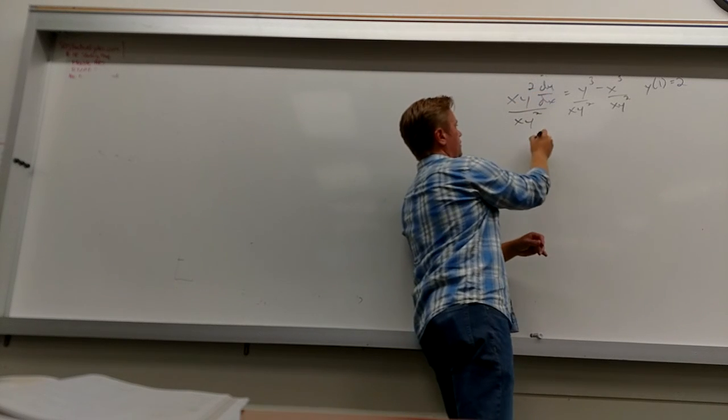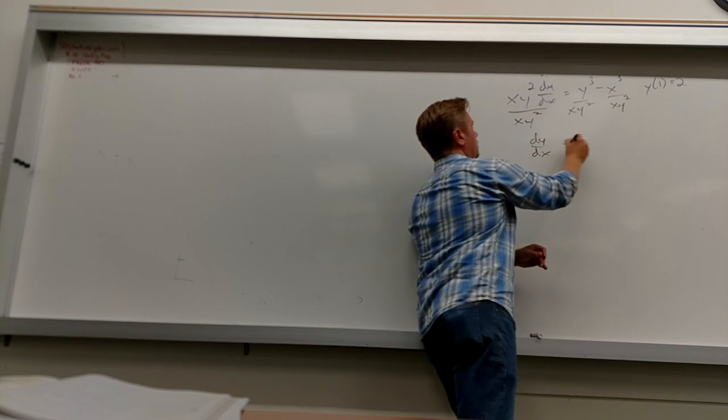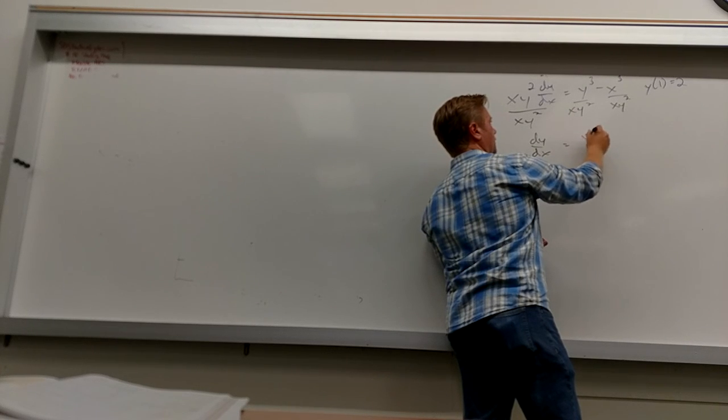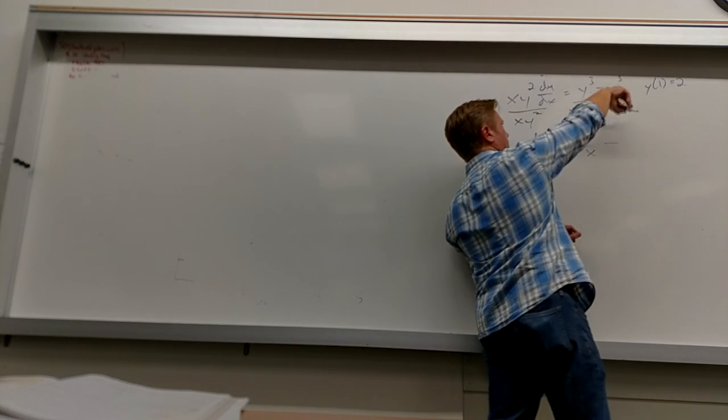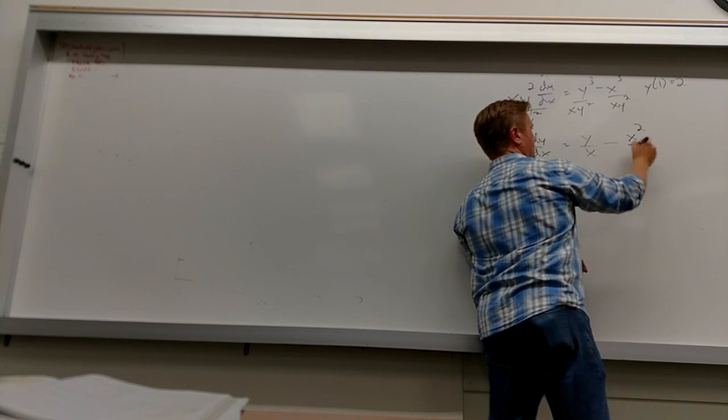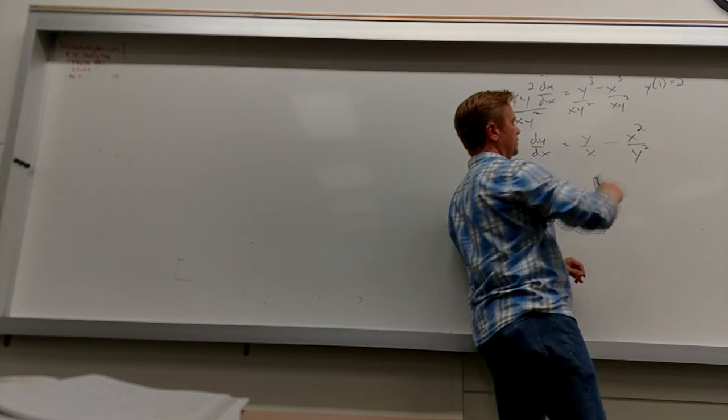So I end up with dy/dx equals y over x minus the square root of y squared.